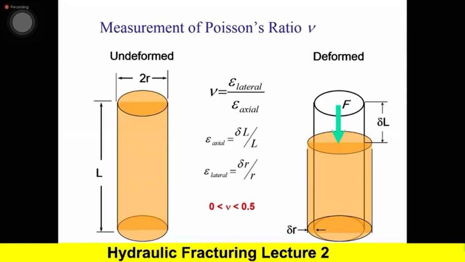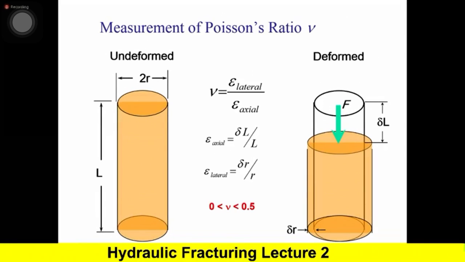It happened in an exam that I gave, and I had to tell the students, hey, if you calculate a value of 0.5 or higher for Poisson's ratio, you are making a mistake. You need to look back into it.